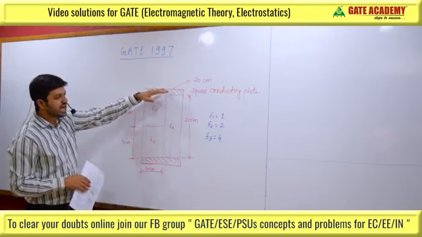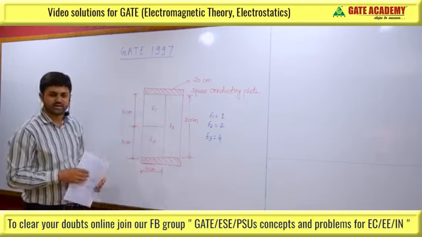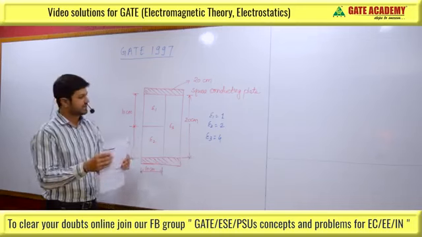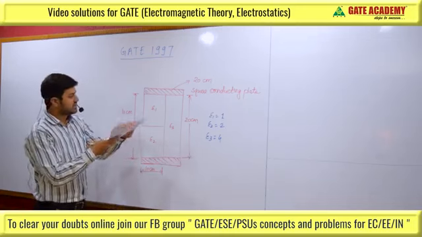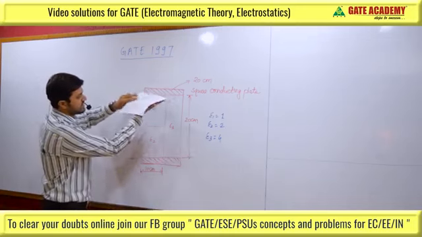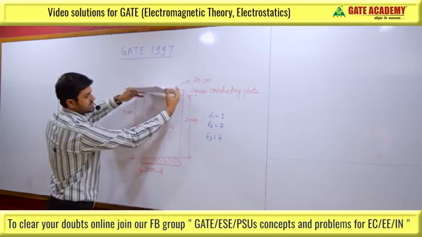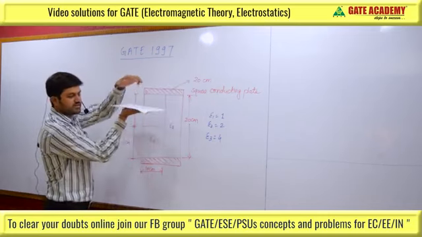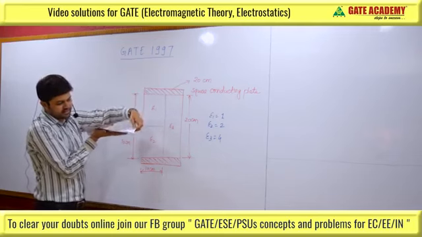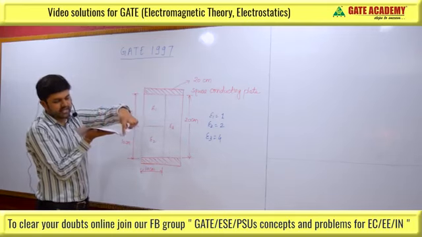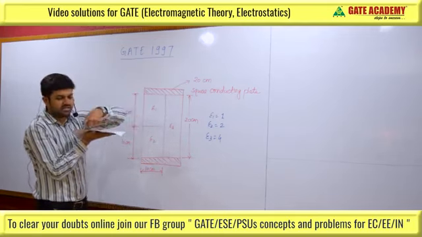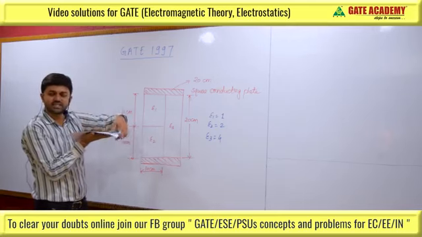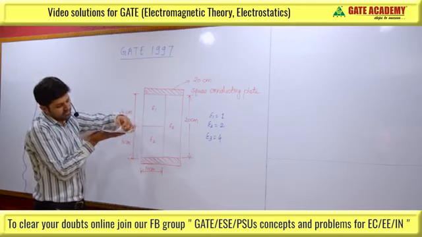So here we will have two square conducting plates. Suppose this is a square conducting plate and we have a plate like this. This is square, and these sides will be the same because this is square.